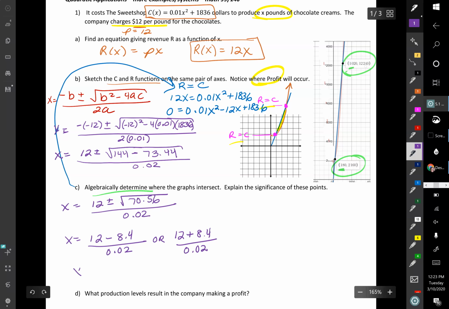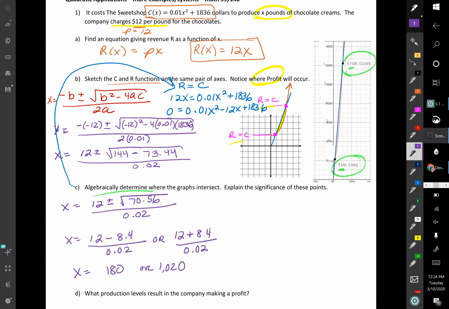I get 180. And then if I do the same, I just add 8.4 divided by 0.02. Then I get 1020. And both of those are going to work just fine.